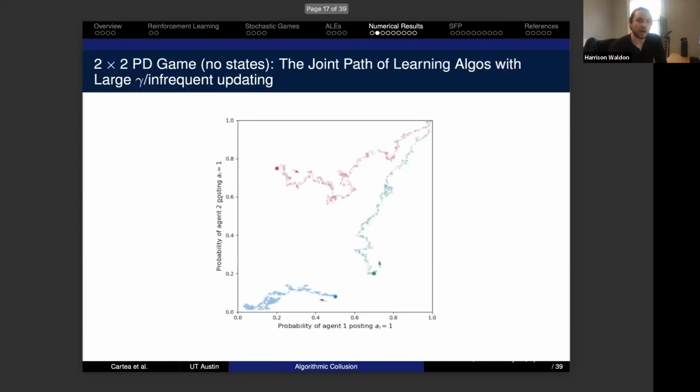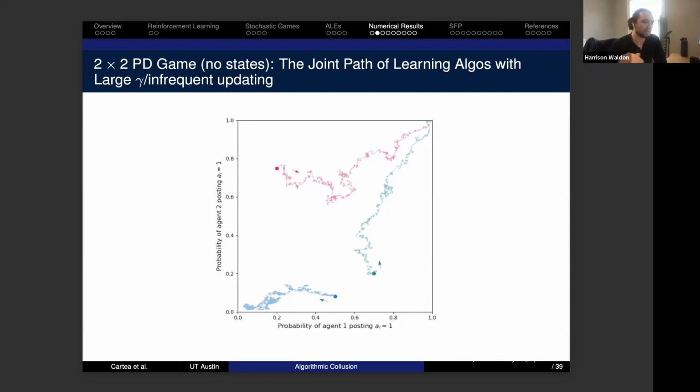So what we have here is our plot of the actual algorithm. So recall that the ALEs approximate the finite time evolution of the algorithms, but only when the learning rate is small. So one question is, how small does the learning rate need to be? So we've simulated here trajectories of the learning algorithm with a large learning rate.